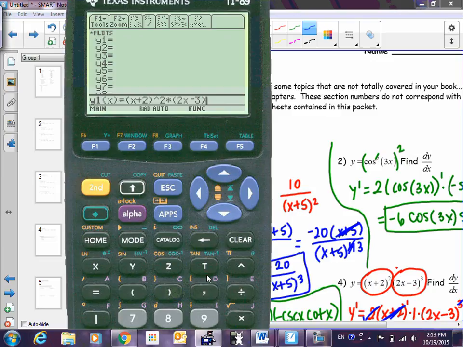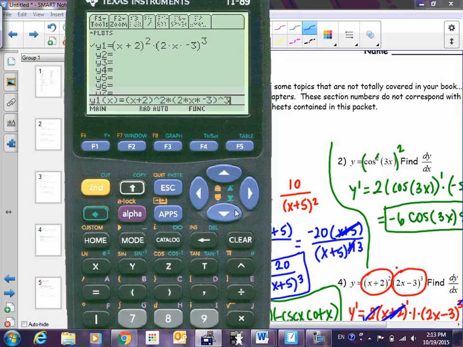This calculator doesn't like implied times. And again, ooh, I did a bad thing. Do you guys see what I did? This is not a mistake I intended to make, but I'm kind of glad I did. What is my calculator thinking I put in right here? 2x times negative 3. That's not what I want.